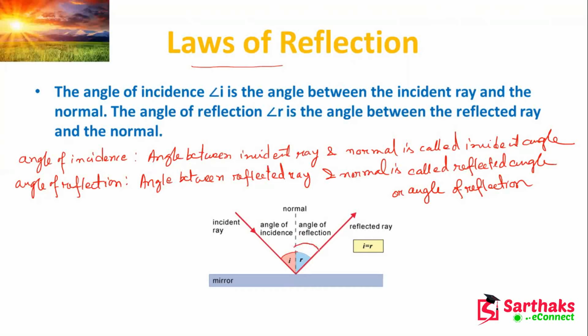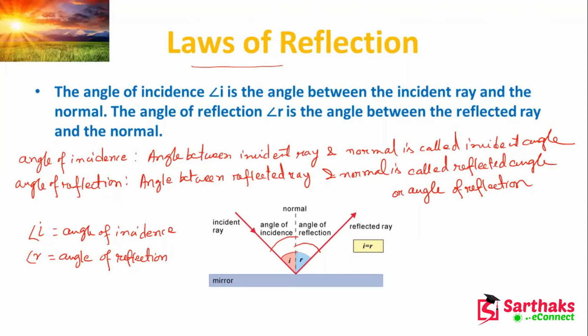So this is the angle of reflection and this is the angle of incidence, right? The angle of incidence is denoted by i, and r is the angle of reflection. So we have understood the angle of incidence i and the angle of reflection r.